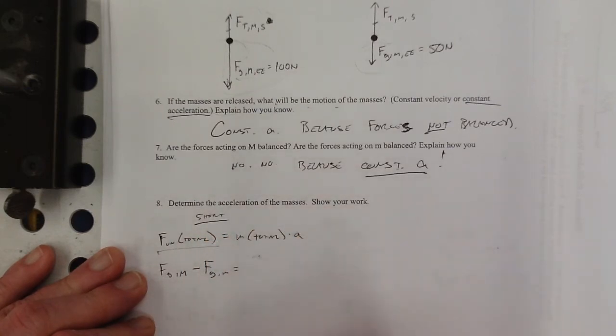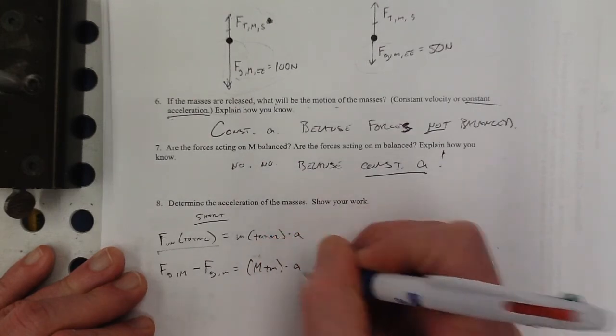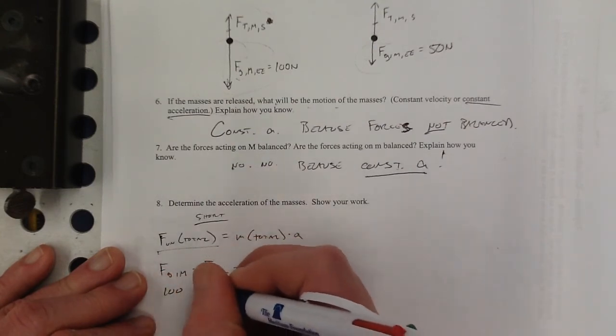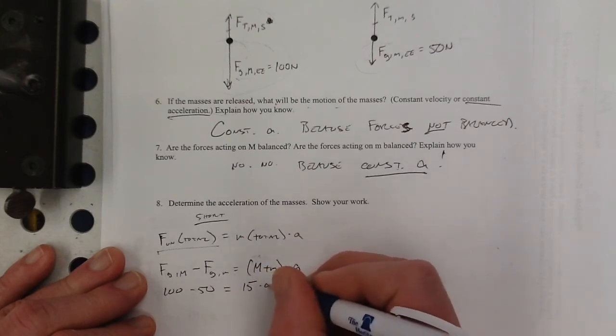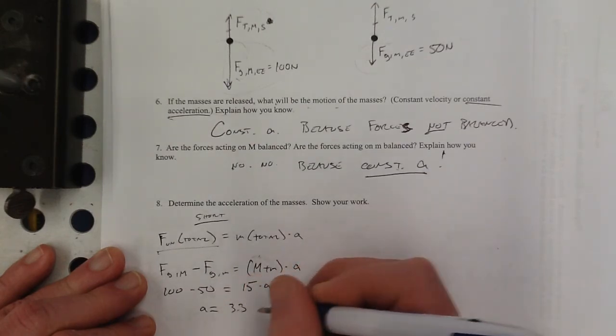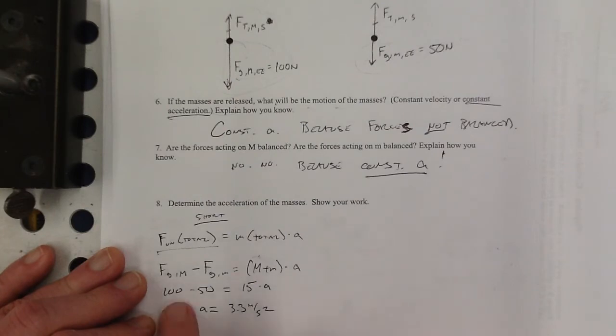And that's equal to the total mass times acceleration. And then I can plug stuff in. So I got 100 minus 50 is equal to 15 times a. So that acceleration is going to be 3.3, I believe. Right, 50 divided by 15, yeah, that should be right.